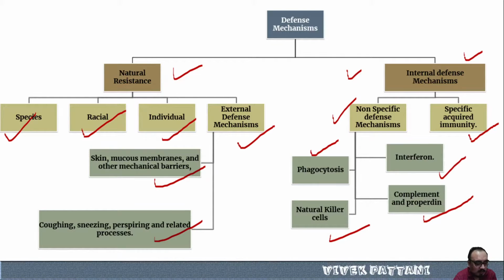The introduction of a new pathogen such as the tubercle bacillus by the resistant Europeans to an isolated population such as the American Indians resulted in epidemics which decimated the population.